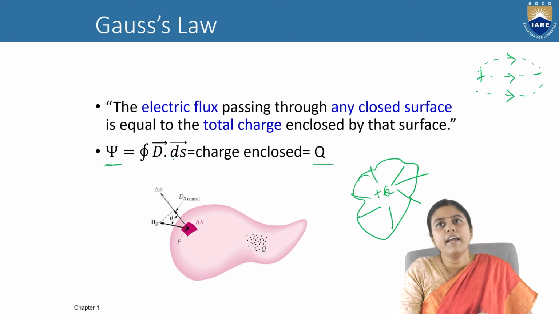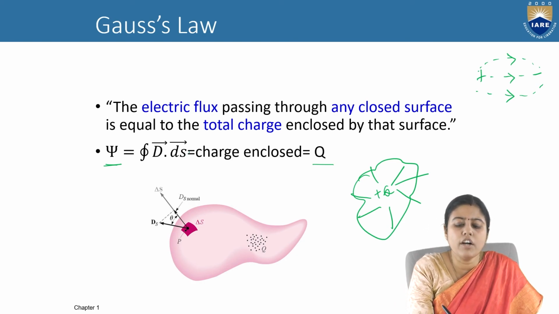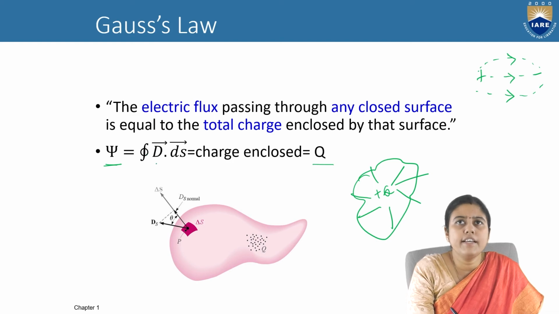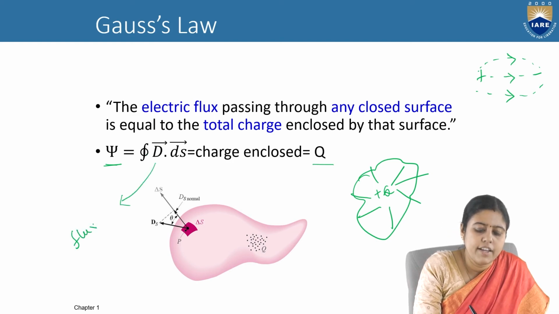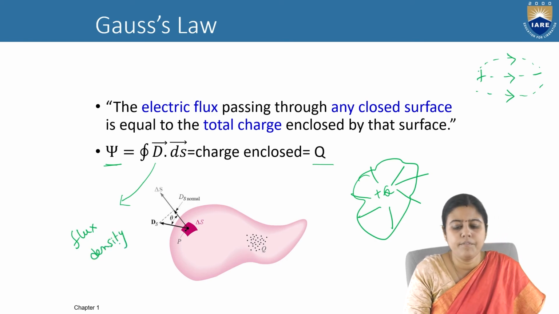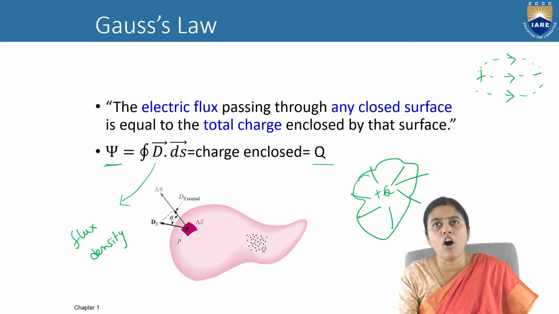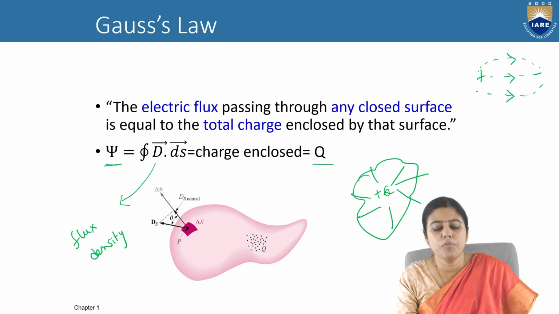And psi is equal to the surface integral of D dot ds. What is D? D is known as the flux density.